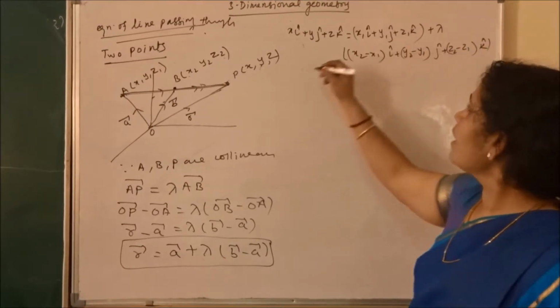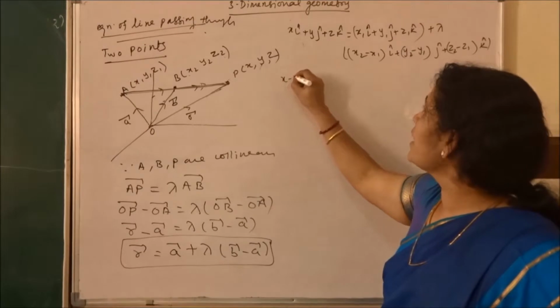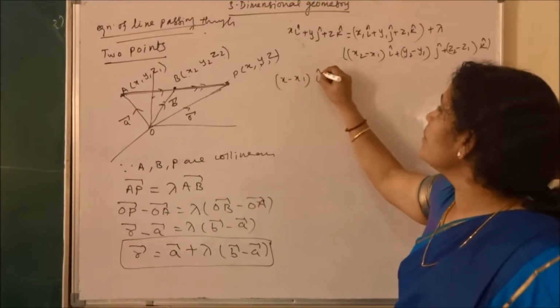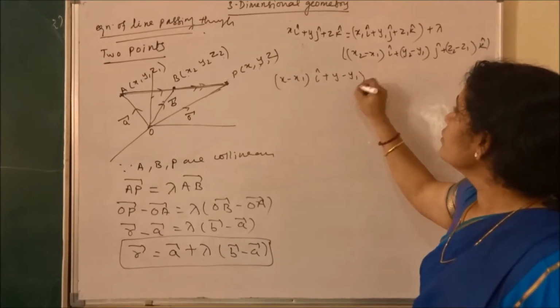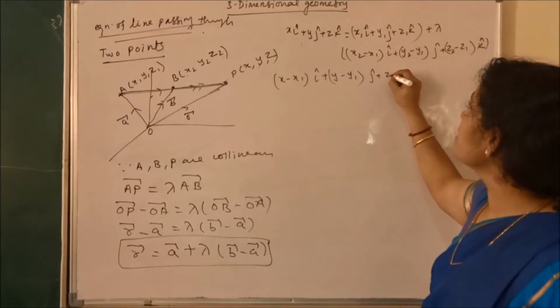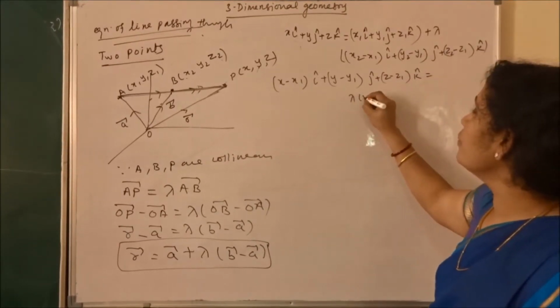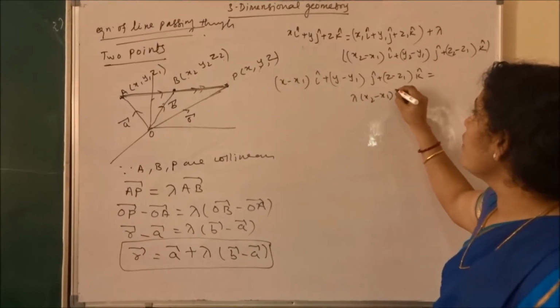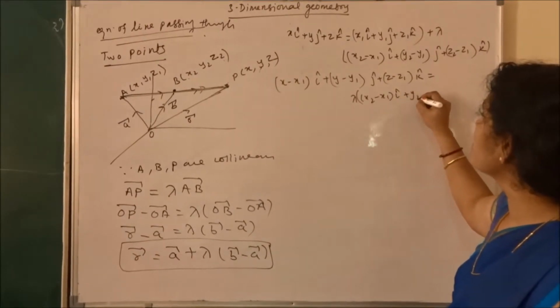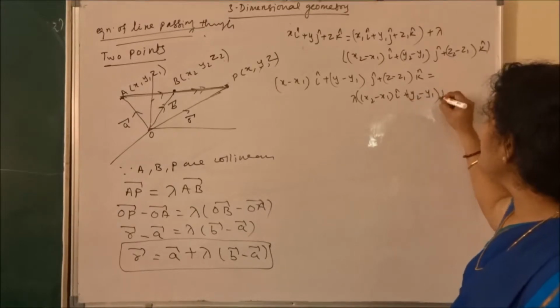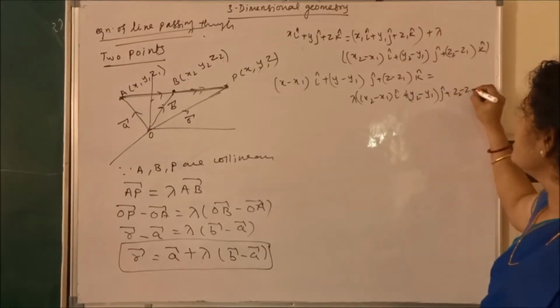Clear? Now if I take the x1 terms across, I get (x minus x1) into i cap plus (y minus y1) into j cap plus (z minus z1) into k cap, equal to lambda into (x2 minus x1) into i plus (y2 minus y1) into j plus (z2 minus z1) into k.